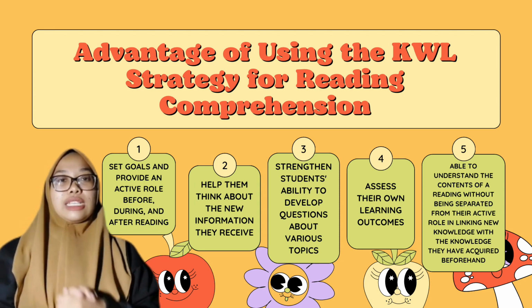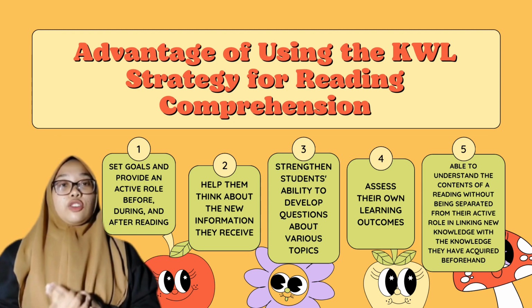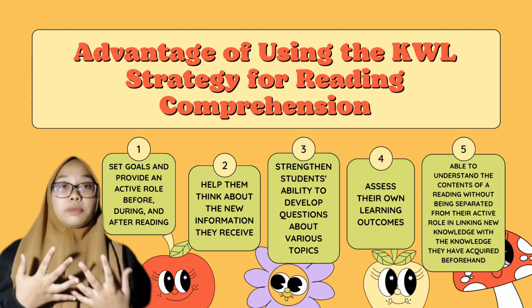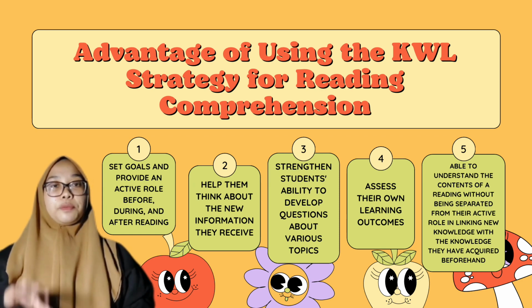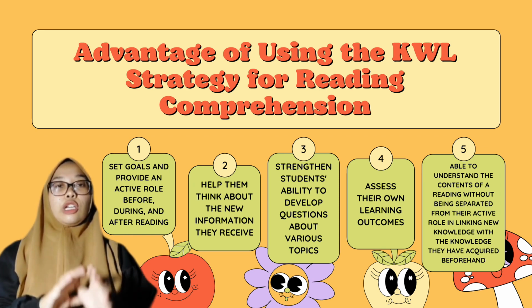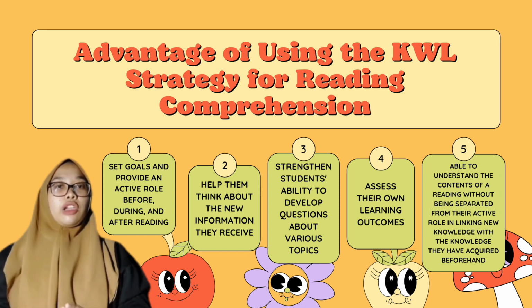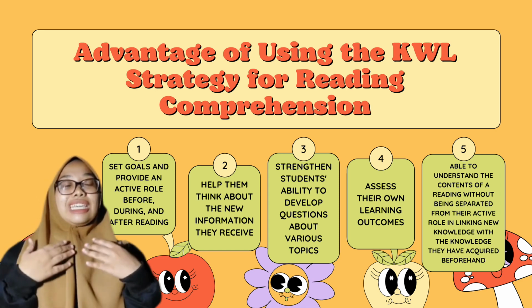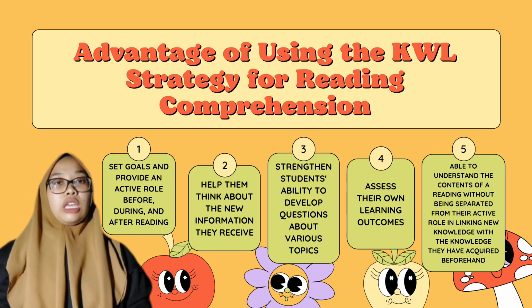Four is to assess learning outcomes. Students determine solutions to problems by making use of skills and information learned in class. Five is being able to understand the contents of a reading without being separated from their active role in linking new knowledge with what they have acquired beforehand.